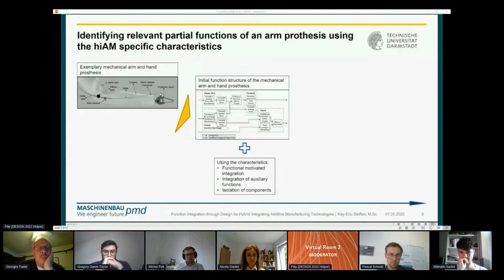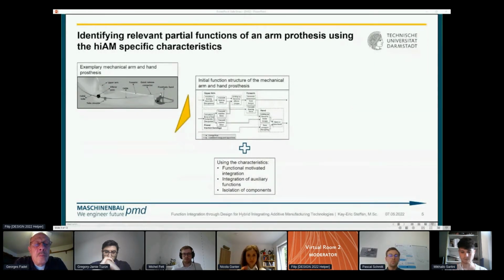To use the high AM potentials, the function structure is formed and analyzed with the new characteristics. In particular, the function transmit tractive force, which appears twice, was found to be suitable for integration into the upper arm and forearm. Both functions are fulfilled by adjacent components.